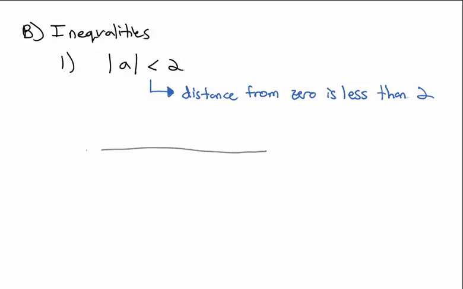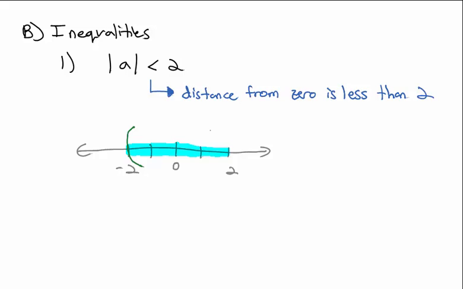In other words, if I have a number line here with 0 in the middle, 2 and negative 2 out to the sides, we want to know where is the distance from 0 less than 2. Notice this entire blue line, anywhere along that blue line, has a distance of less than 2.